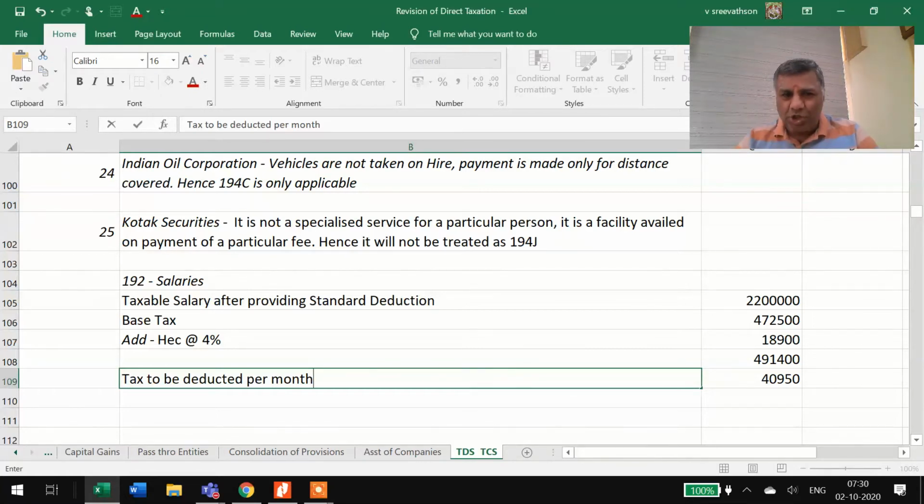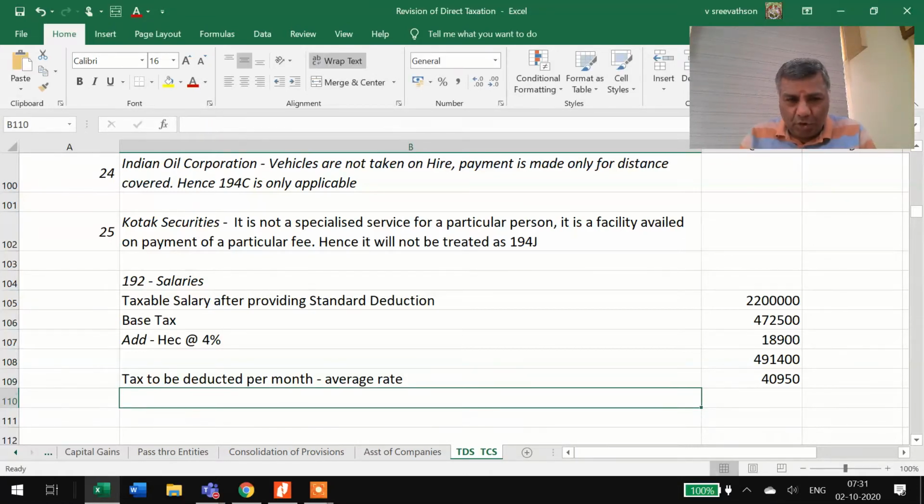The tax to be deducted per month will be 40,950. We call this popularly the average rate; there is no specific rate given in the law.